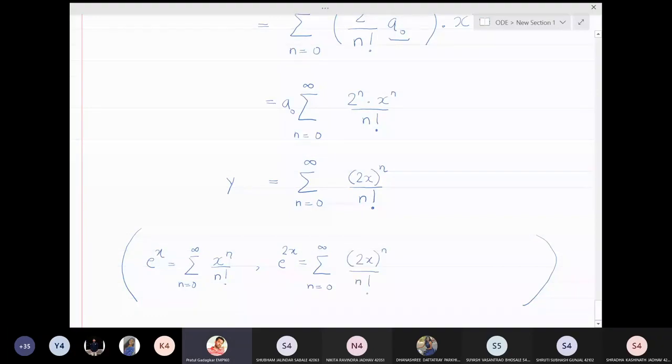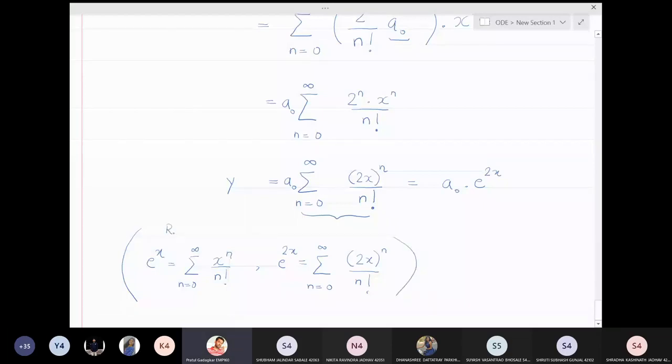So this means that this y, I'm sorry, I forgot a_0 here. This means that this y, which is a_0 times the summation of (2x)^n upon n factorial, is nothing but a_0 times e raised to 2x, because we know that this particular thing is nothing but the Taylor series of e raised to 2x.